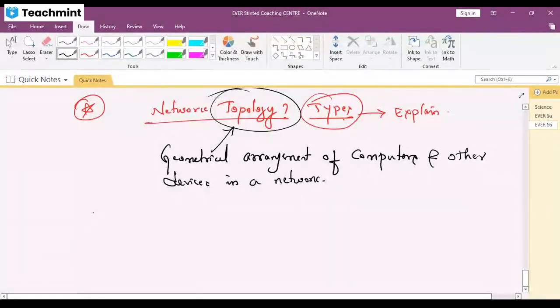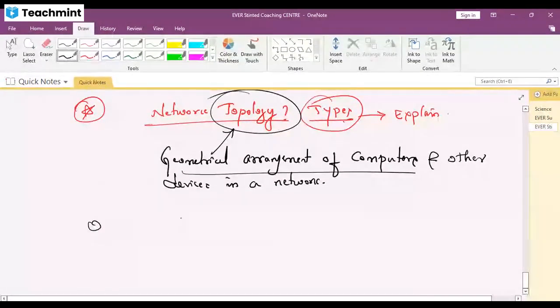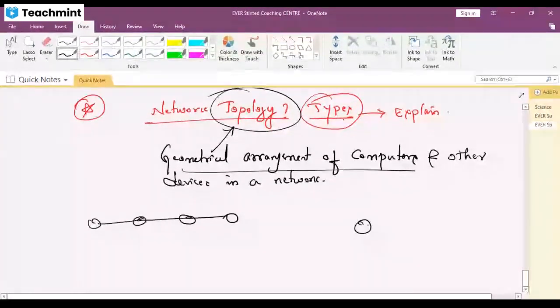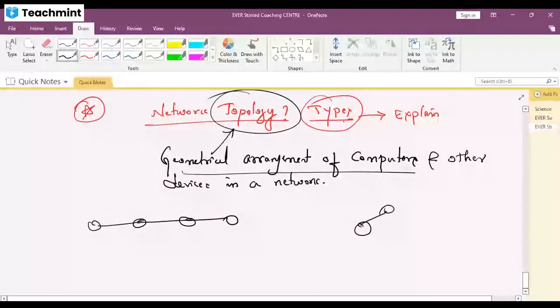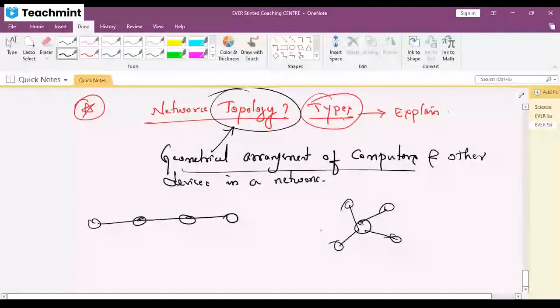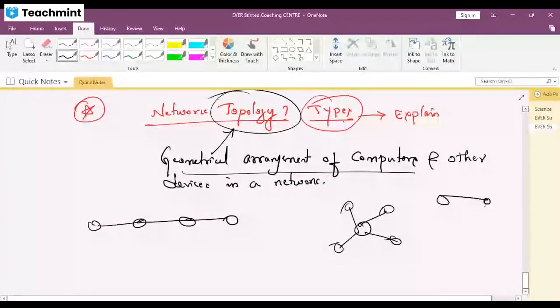Now when we are arranging all the computers, in what way are you arranging them? Either you are arranging all the computers like this, or like this.